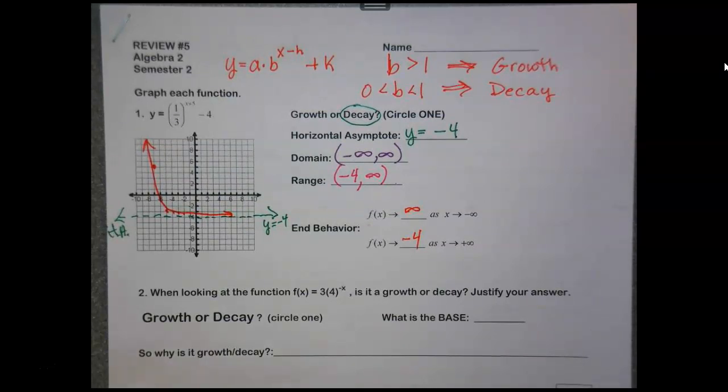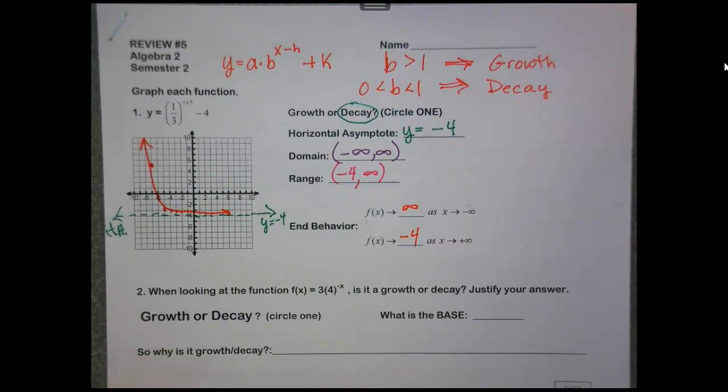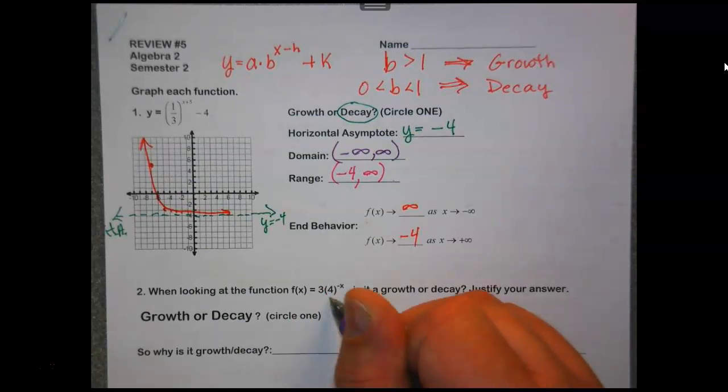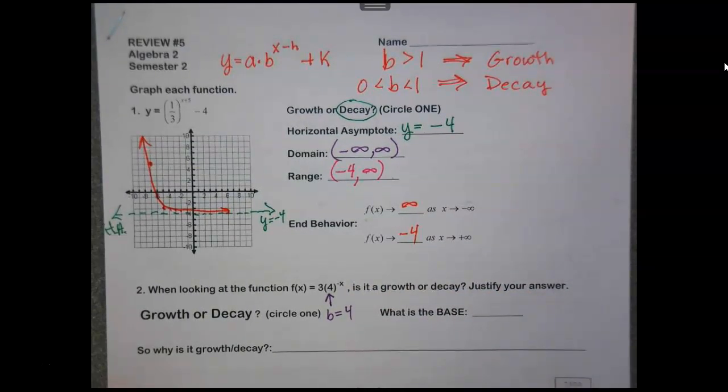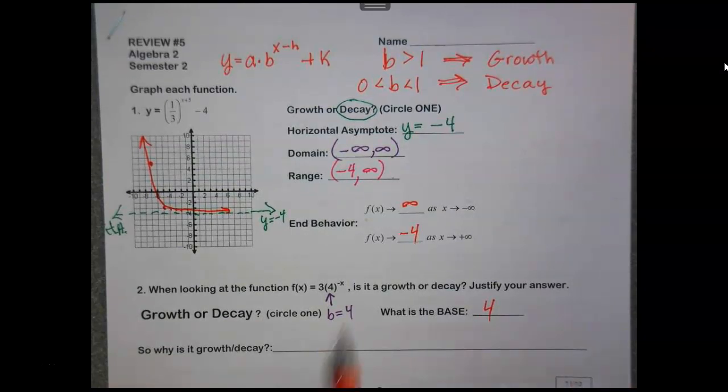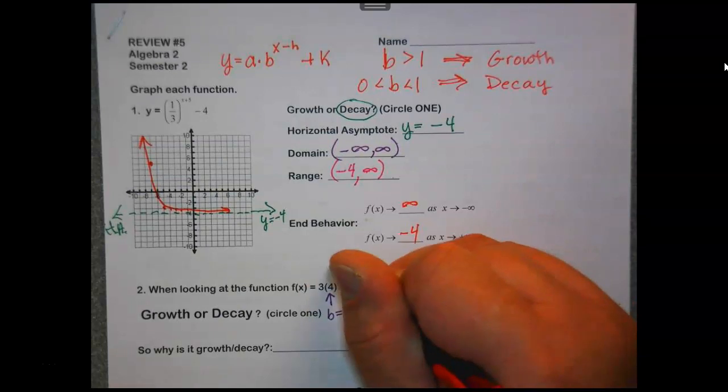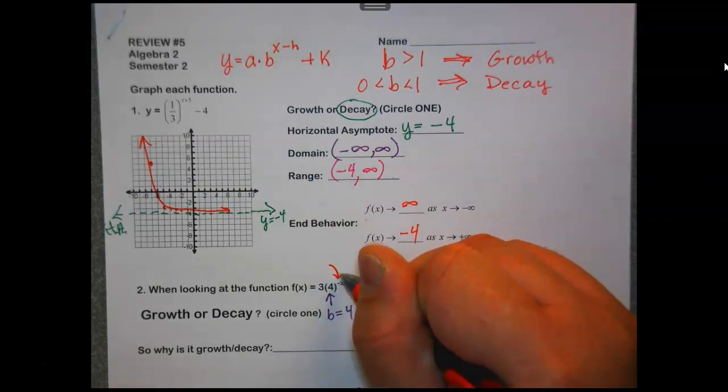Okay, number 2 says, I'm looking at the function f of x equals 3 times 4 to the negative x. Well, here my b is 4. Don't make the mistake of saying, hey, it's bigger than 1, so it's got to be growth. There's a negative exponent here.